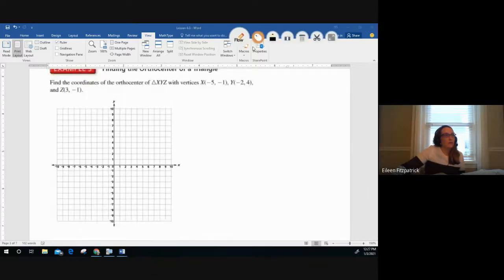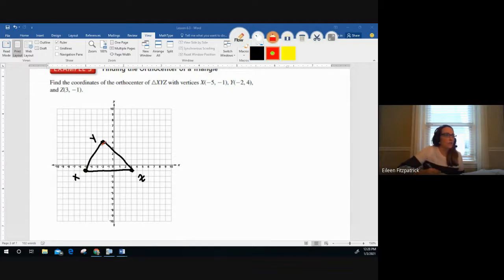So let's plot the points. -5, -1. -2, 4. And 3, -1. There is X, Y, and Z. Now I want to draw the altitudes.